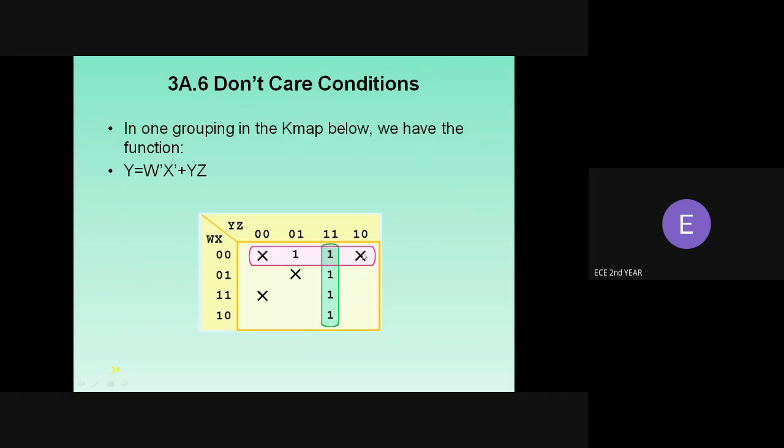For this grouping, all these values are changing, so we cannot write any term for them. We can see 0 0 here, so we can write w bar x bar, and there is another possible case, which is this one. Here also the values are changing, and this particular column has value 1 1, so we can write y. Okay, so by using the don't care conditions also, we can reduce the KMap.